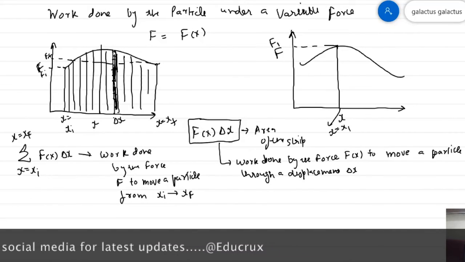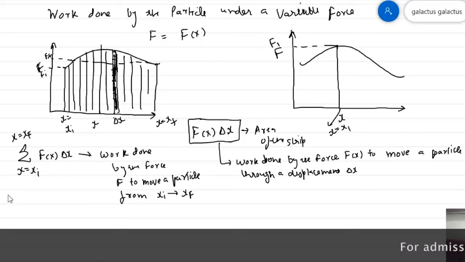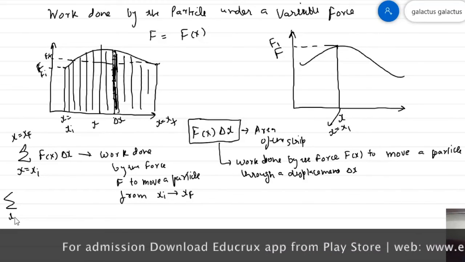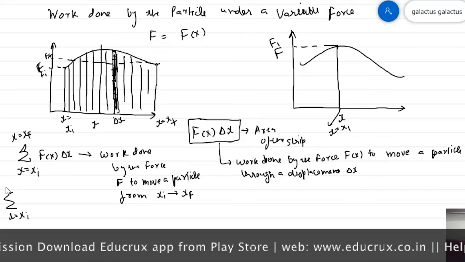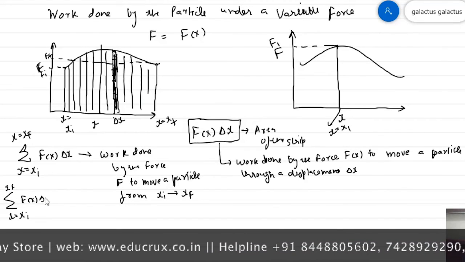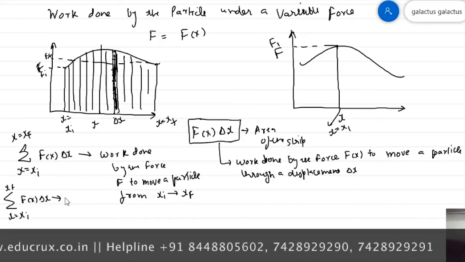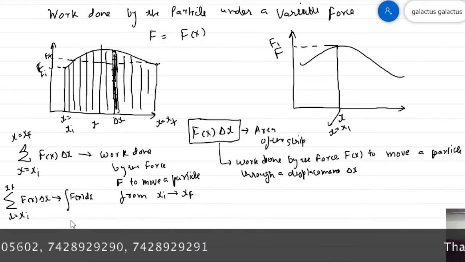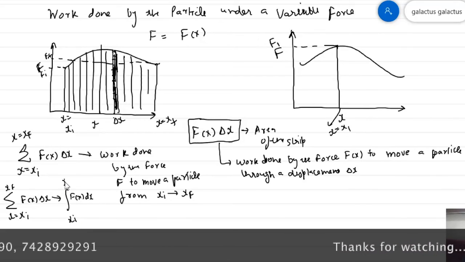And if I now take the limit delta x tending to 0, then my summation of F(x) delta x from x equal to xi to xf will change to the integral of F(x) dx from xi to xf.